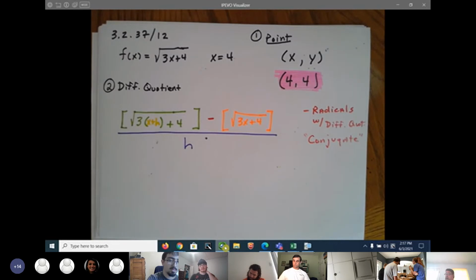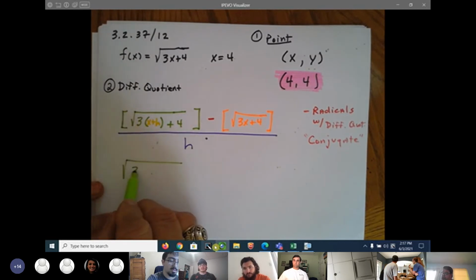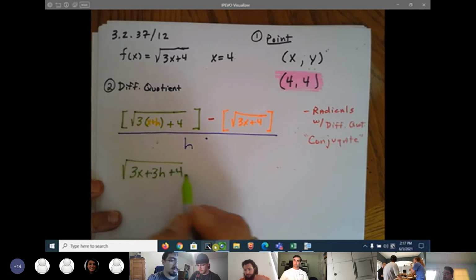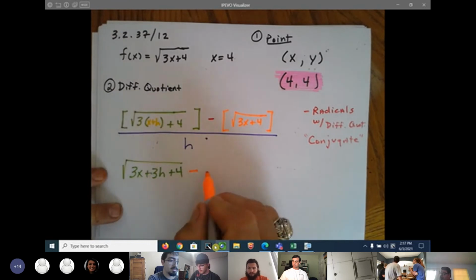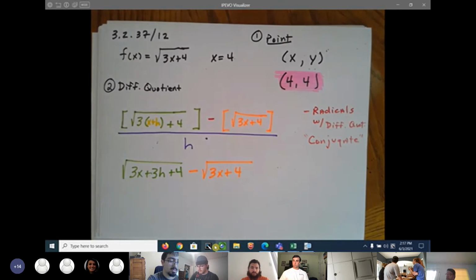So now we're going to have the square root of 3x plus 3h plus 4 minus the square root of 3x plus 4 all over h.